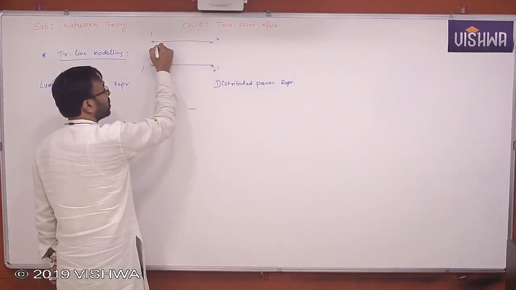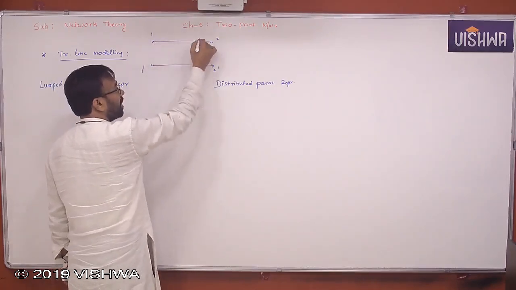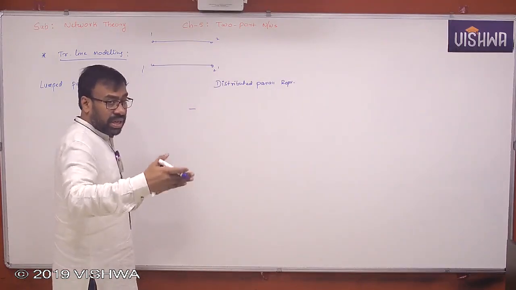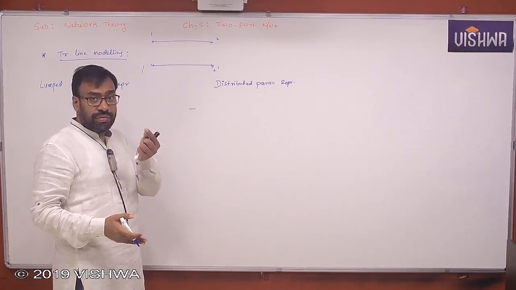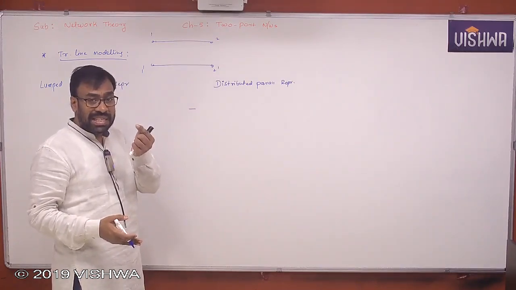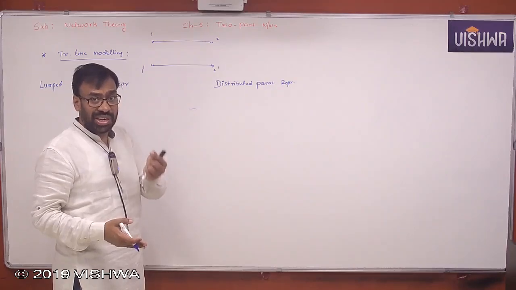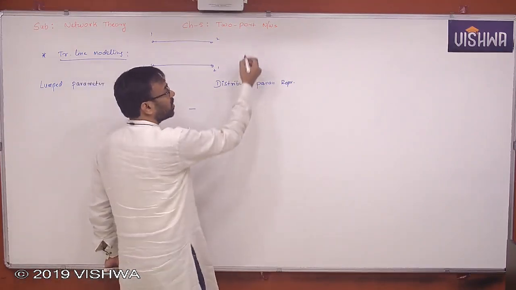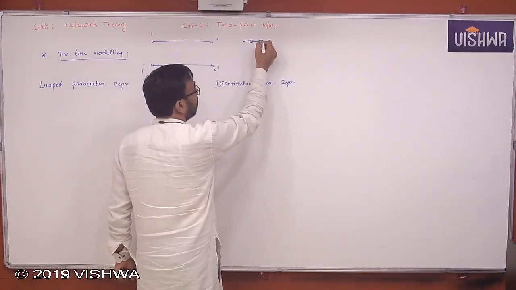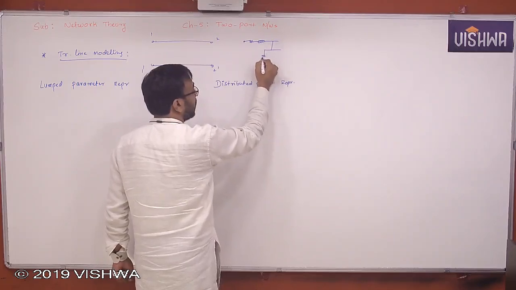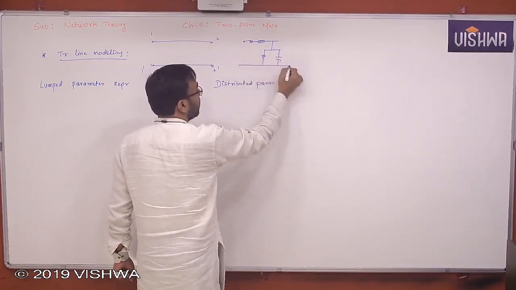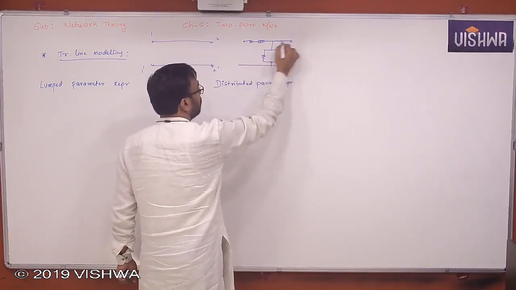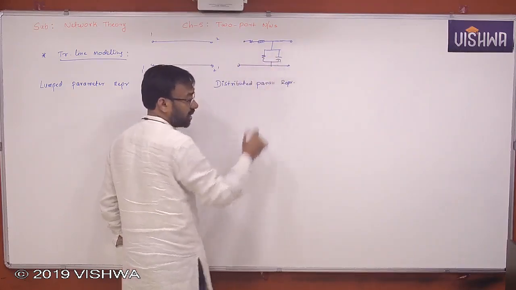If I divide this into n number of small elemental sections, let us say this is 1 kilometer, and I divide that 1 kilometer transmission line into small elemental sections of 1 centimeter each. Usually the transmission line is modeled as resistance, inductance, conductance, and capacitance. Series elements as well as what? Shunt elements. Yes or no? So these are called series elements, these are called shunt elements.